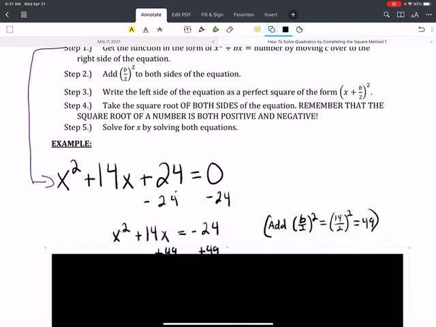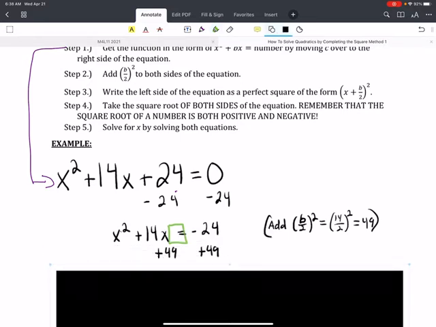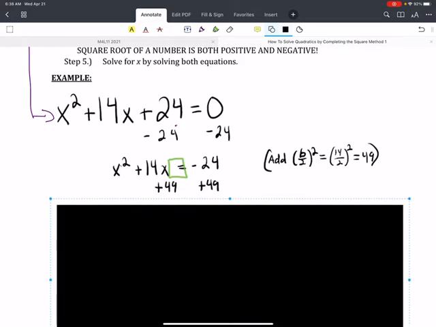Then the next thing we want to do is add half of the middle term squared. When we did this in class on Monday, remember I left the big space for that term? In this example you don't necessarily see the space, but you see it's added below. So half the middle: the middle is 14.